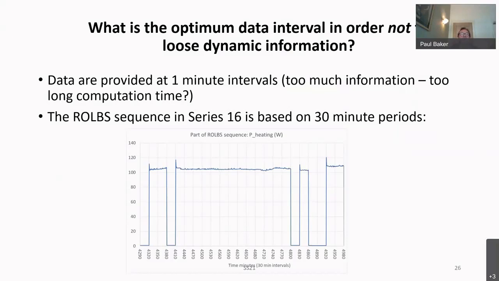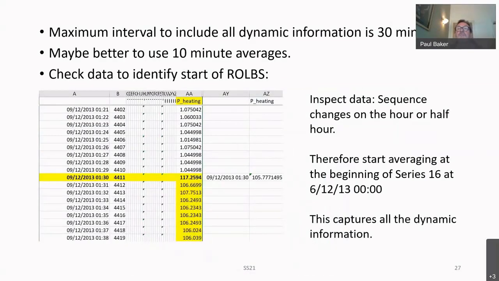If we take the roll sequence in series 16, it's based on 30-minute periods. So the maximum interval to include all dynamic information from the roll sequence is 30 minutes. It could be better to use 10-minute averages rather than the 1-minute data.